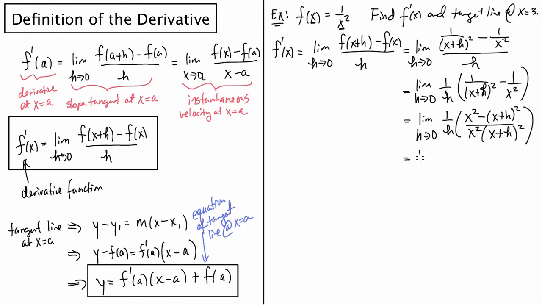All right, if we do that, then we can FOIL out the numerator into x squared minus x squared plus 2hx plus h squared. And we'll just leave the denominator alone for now.